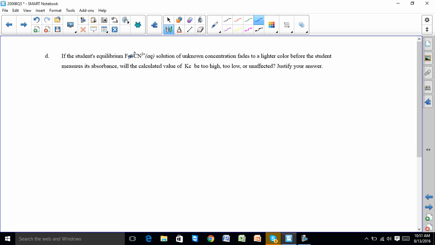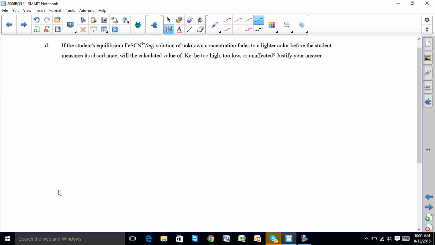If the student's equilibrium of FeSCN plus 2, of unknown concentration, fades to a lighter color before the student measures its absorbance, will the Kc value be too high, too low, or unaffected? Justify your answer. Now I'm going to go back down here and show you your flow. So if you wait too long, the absorbance is too low.